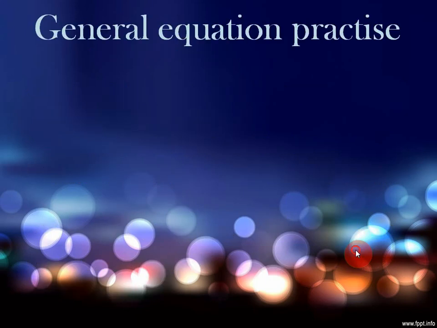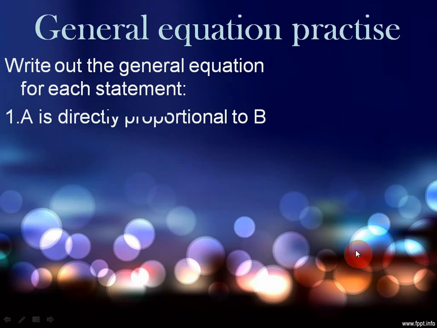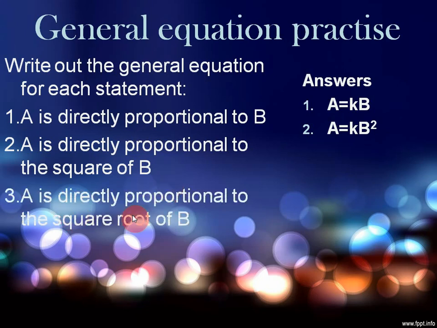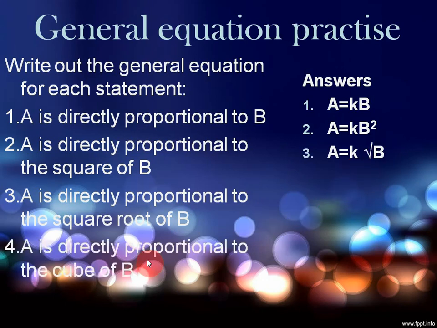Now moving on, the general practice for some statements. So the first statement is a is directly proportional to b. So now we write the equation a equals k times b, and the second one is a is directly proportional to the square of b. This practice is basically for you to revise these kinds of statements and equations. So a equals k times b squared, and the third one is a is directly proportional to the square root of b, so a equals k times the square root of b, and the fourth one is a is directly proportional to the cube of b, which means that a equals k times b cubed.